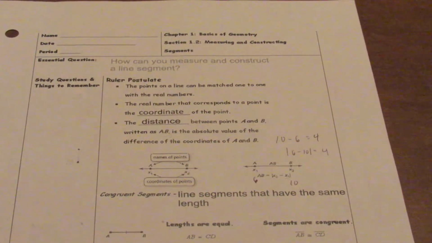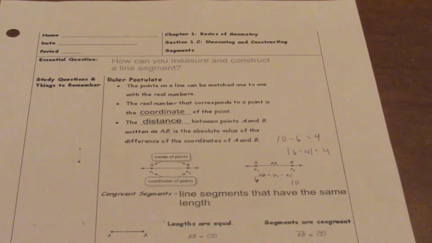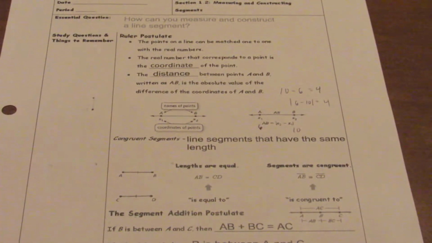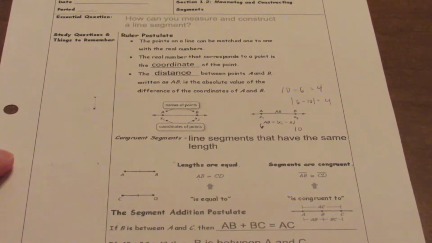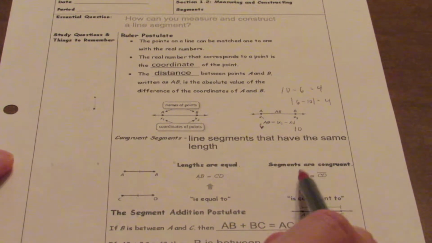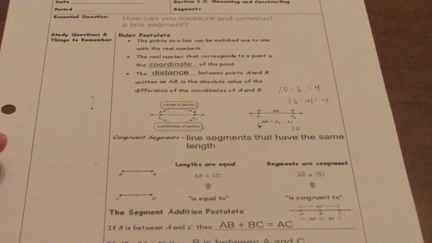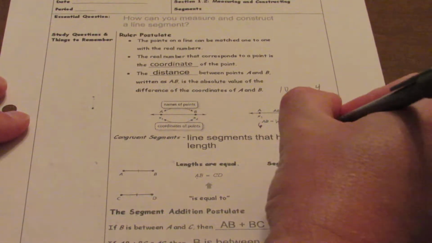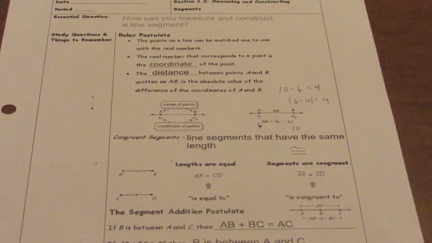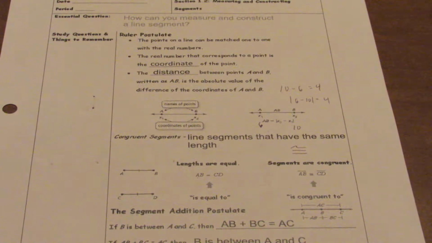Congruent segments are line segments that have the same length. So lengths are equal: AB is equal to CD. Segments are congruent: AB is congruent to CD. Okay, so our congruent symbol is an equal sign with a tilde over it, or a squiggly line over it.